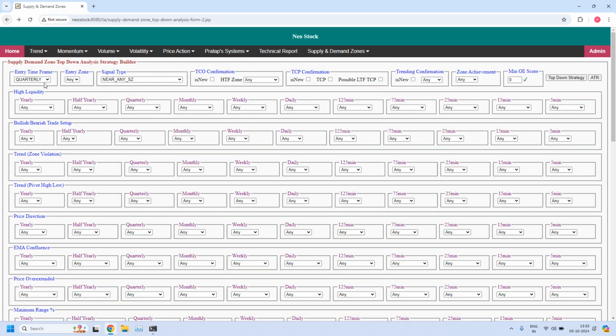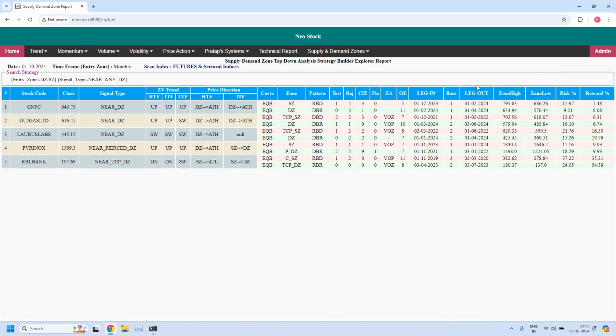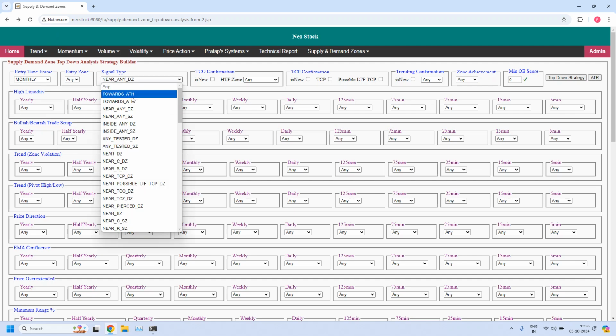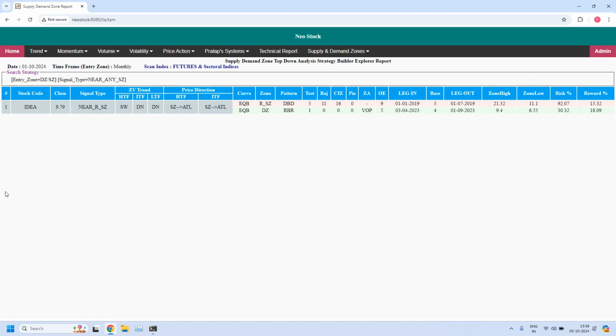Next time frame is monthly. Let's find the stocks near the monthly demand zone. 5 stocks are filtered near the monthly demand zone. Next, for the monthly time frame, let us find the stocks near the monthly supply zone. 1 stock is filtered.